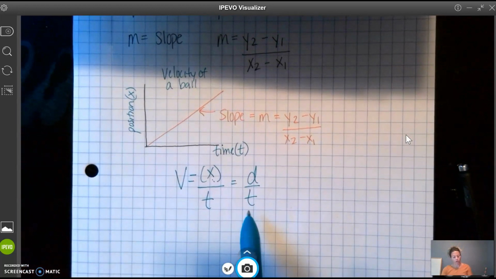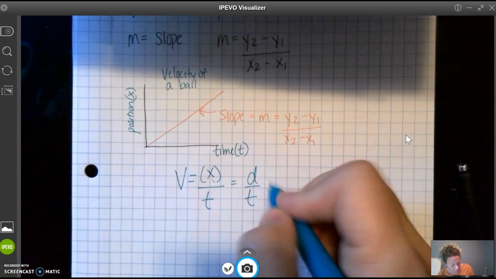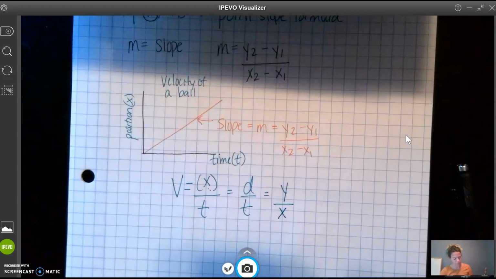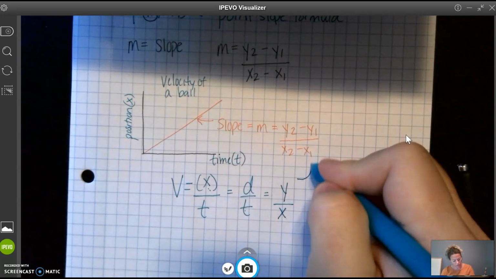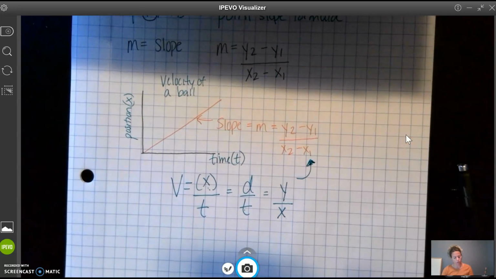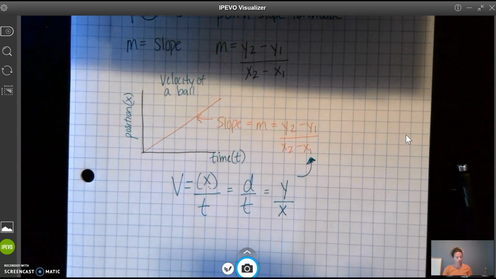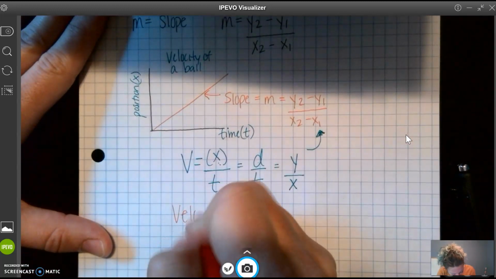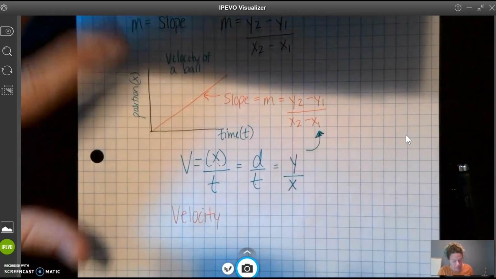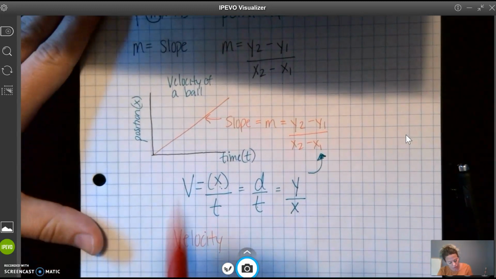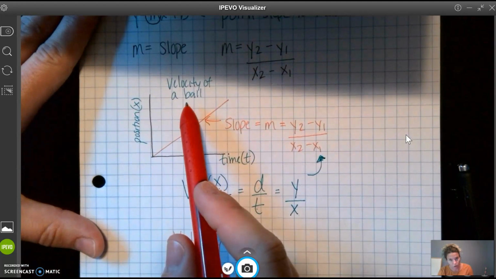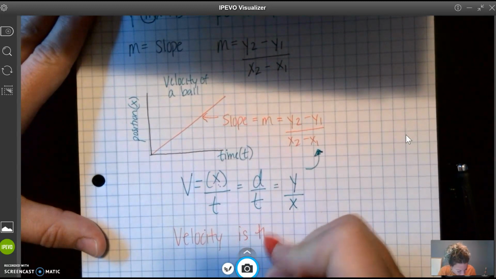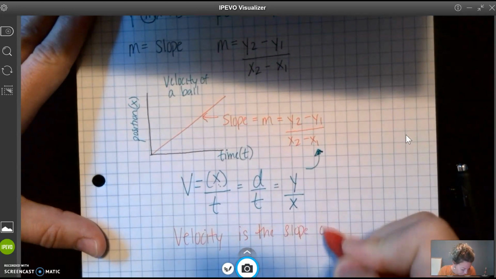So if we're looking at our equation, is displacement not our y value, and is time not our x value? And doesn't that look very similar to our slope equation? It does. And so what this means is that the velocity, in this particular instance, the velocity of this ball is the slope of the line.